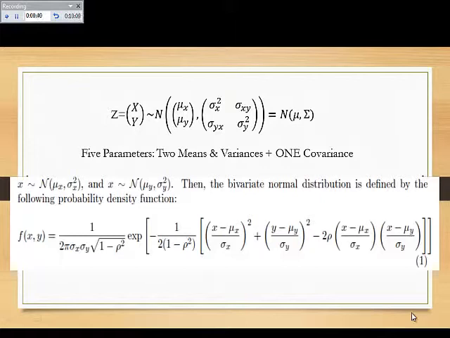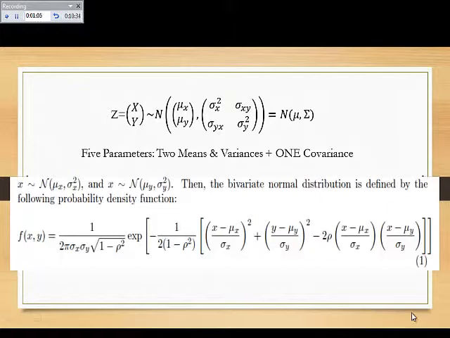And then there's this covariance matrix which has 4 entries: sigma squared x, sigma xy, sigma yx. You will see that sigma yx and sigma xy are the same, so these are just one entry, and then sigma squared y. So this bivariate normal distribution has 5 parameters: mu x, sigma squared x. These are the parameters for x.